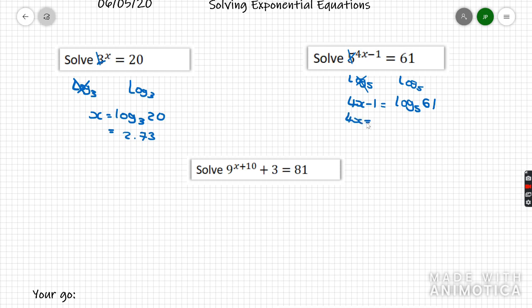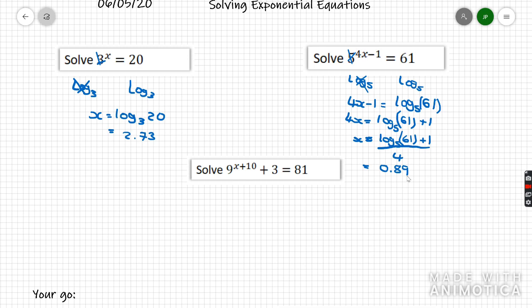So 4x will equal log base 5 of 61 plus 1, so x is going to equal log base 5 of 61 plus 1 all over 4. Straight through your calculator and we'll get 0.89.